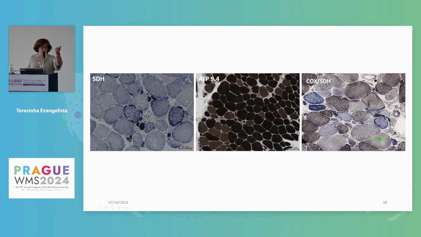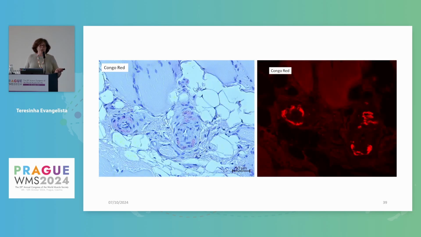So lots of COX negative SDH positive fibers. A rimmed vacuole, COX negative, SDH positive. Okay, Congo red in the vessels. So amyloid in the vessels, and you can see those here. So what is this?